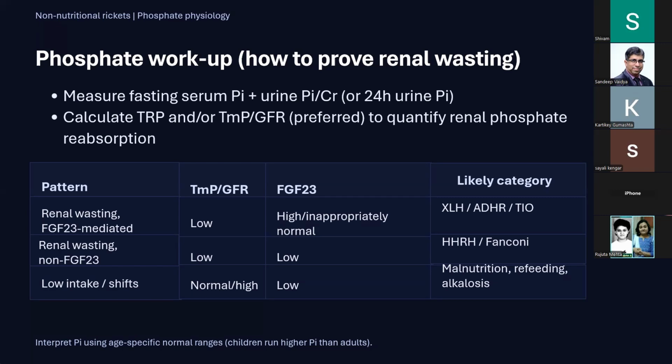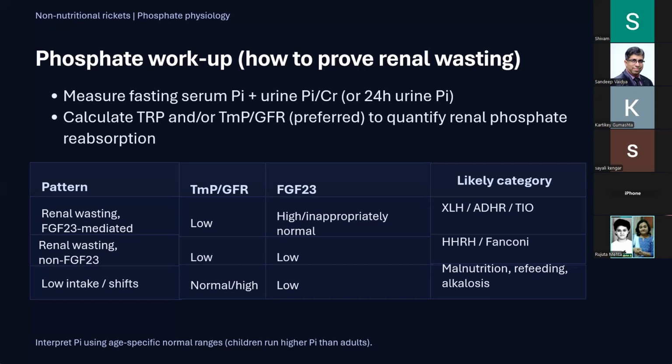If it is low and FGF23 is highly increased, then we can think of X-linked hypophosphatemic rickets, autosomal dominant hypophosphatemic rickets, or tumor-induced osteomalacia. So this is basically FGF23 mediated. And non-FGF23 mediated rickets is basically hypophosphatemic rickets with hypercalciuria or Fanconi syndrome.